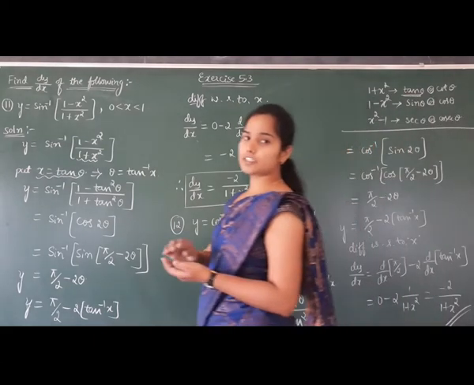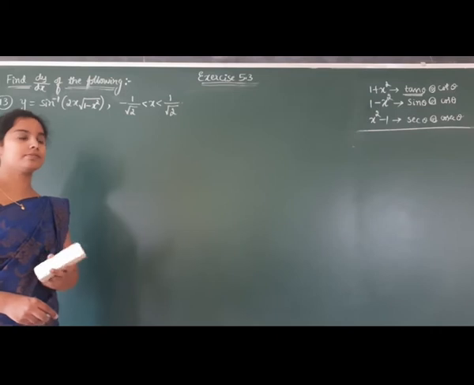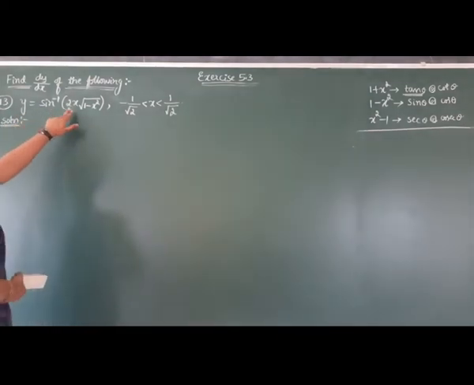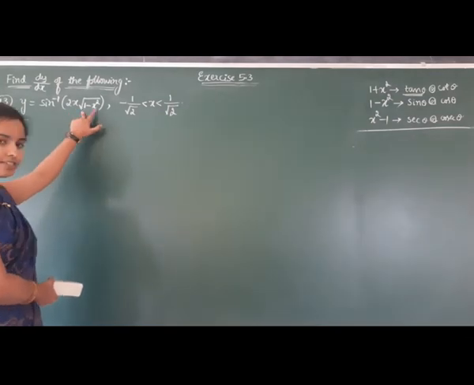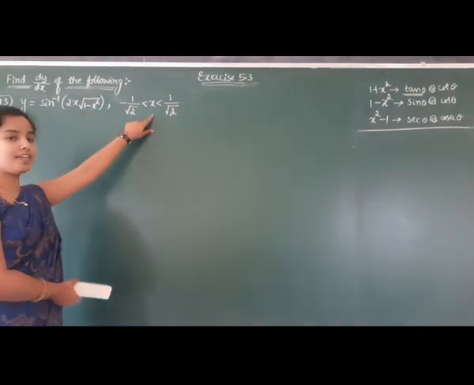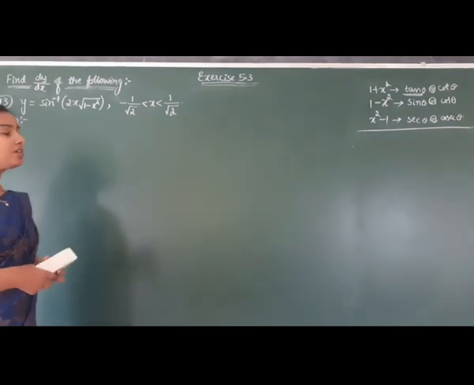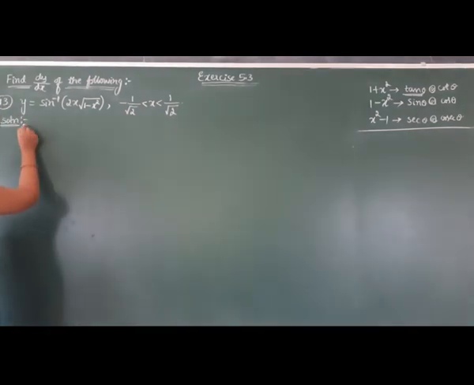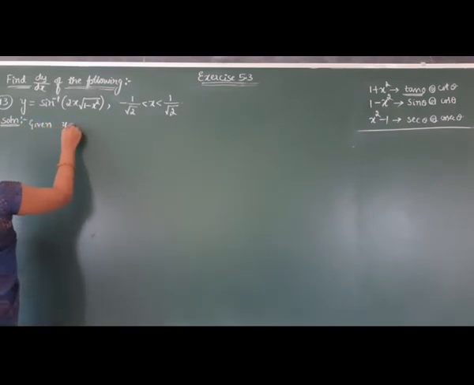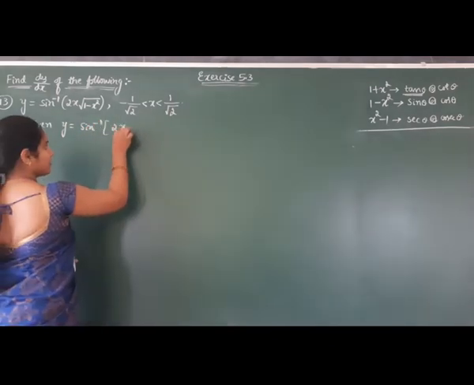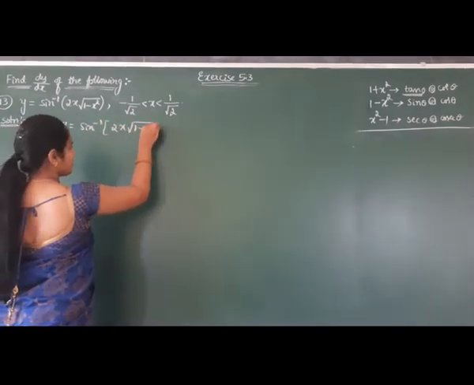Okay, so the next question is, y is equal to sin inverse of 2x into square root of 1 minus x square, where x lies between minus 1 by root 2 and 1 by root 2. So first consider the given equation, that is y is equal to sin inverse of 2x into square root of 1 minus x square.